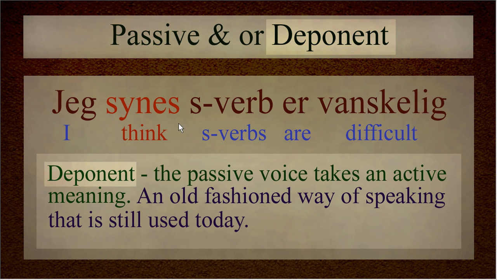So these S-verbs are understood. They're used very commonly, and when you say it, you're really saying that you think. Jeg synes S-verb er vanskelig. It is my opinion. They seem difficult. Okay, not after this video though. They won't be after you watch this.